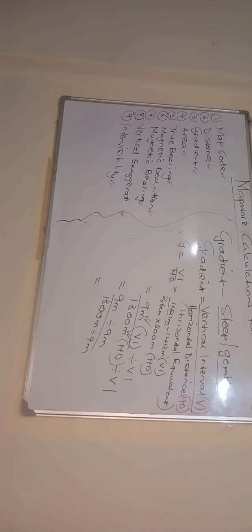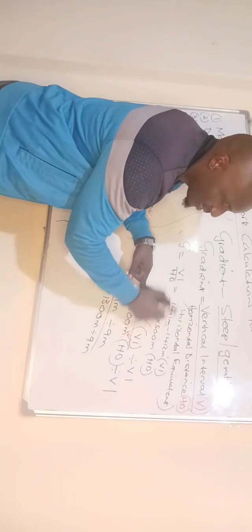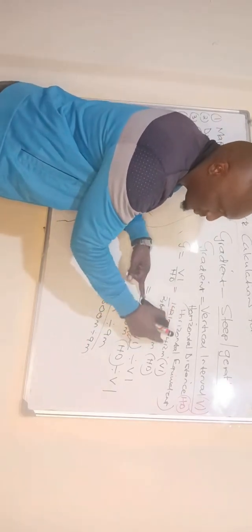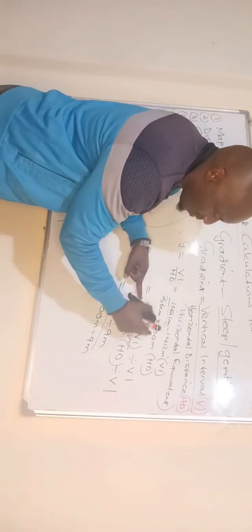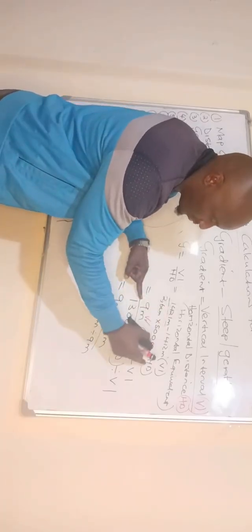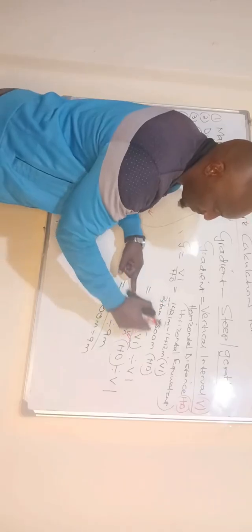Why do we divide twice? Because your gradient is expressed as a ratio. We have got the VI: your vertical interval is 9 meters, the difference in height, the highest height minus the lowest height. Then our horizontal distance, or equivalent, is 2.6 centimeters multiplied by 500, which gave us this. Remember, our gradient is expressed as a ratio, so we divide here.